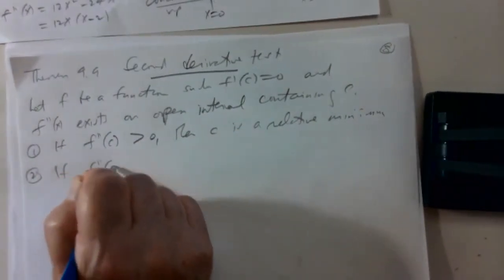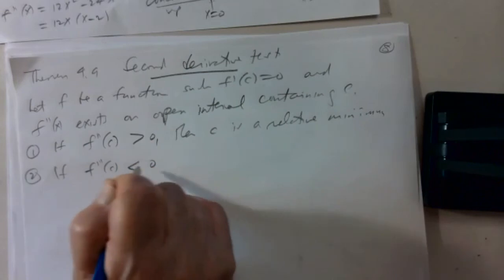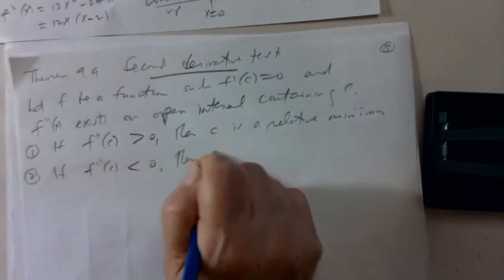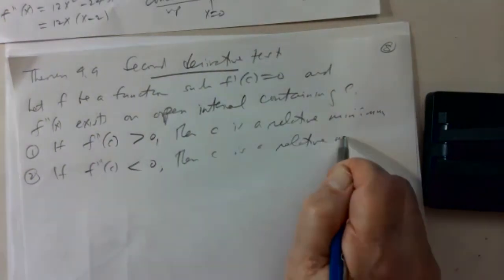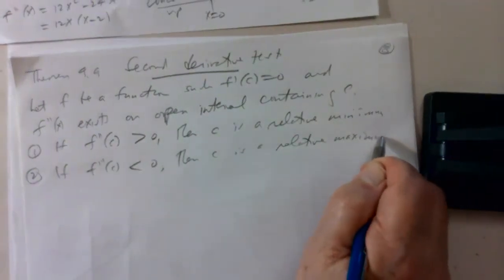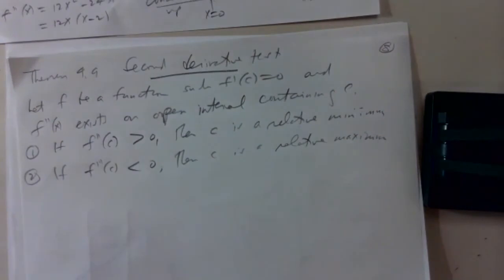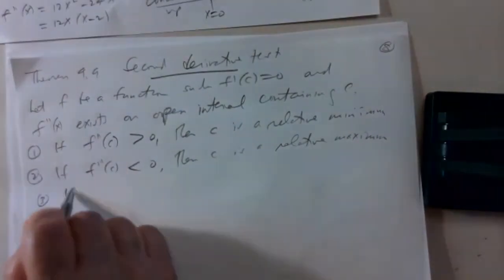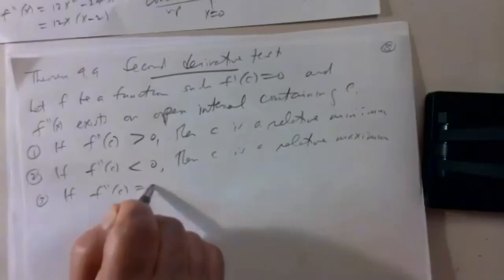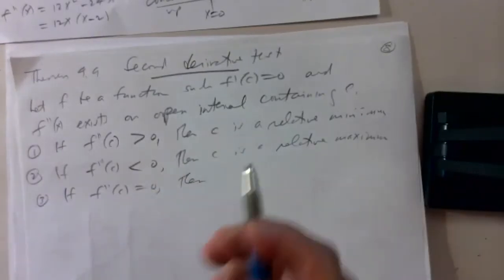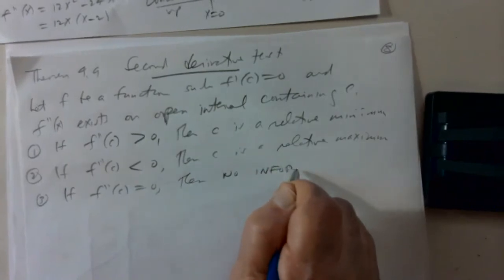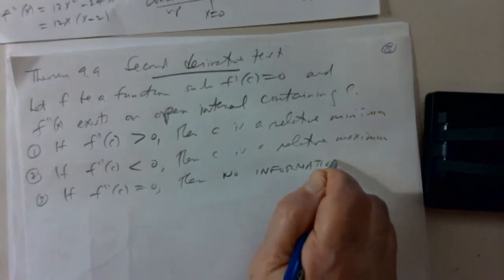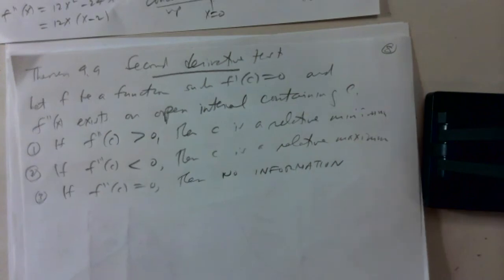And if the second derivative is negative at c, then c is a relative maximum. And the third case is that the second derivative equals 0, and then we can get nothing. We have no information. We could have a relative minimum, we could have a relative maximum, we could have neither one.